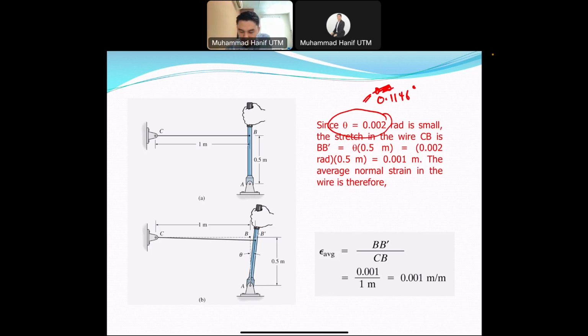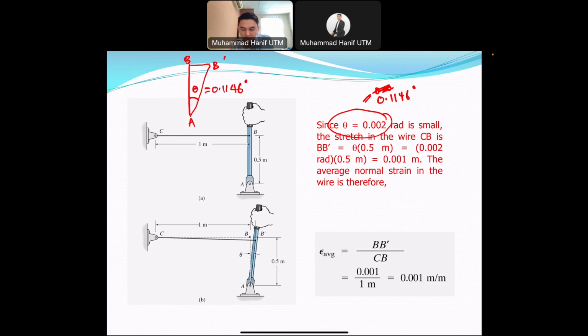Once we have this information, you can see that there is a small change in terms of the angle there. We can assume this triangle, let me draw this triangle, is somehow like this. This is the theta, and the theta here is 0.1146 degree.